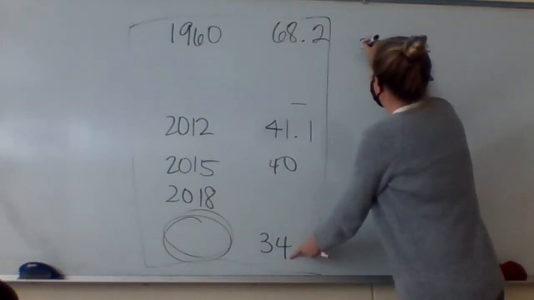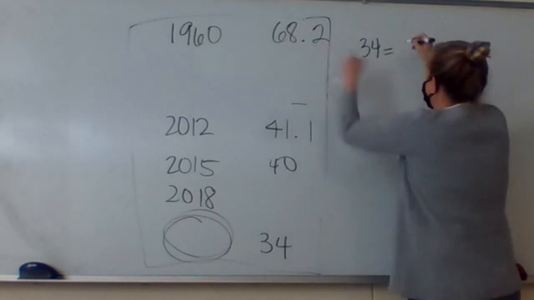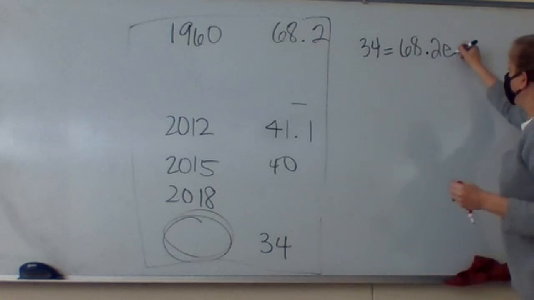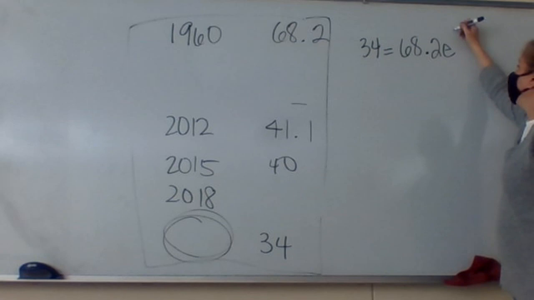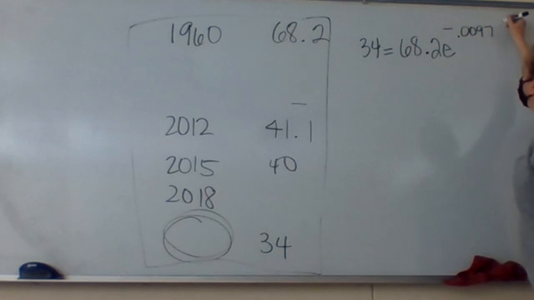So 34 is my end result. My beginning number is 68.2, E to the negative 0.0097 T. T is what I don't know. I don't know how many years it's going to take me to get to 34%. So that's what you're trying to find, is how many years it's going to take you.